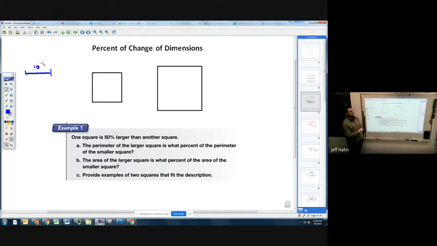And I said, draw another line that is 50% longer than that. How much longer would that other line be? 5 inches? No, 5 inches would not be 50% longer. 15 inches.